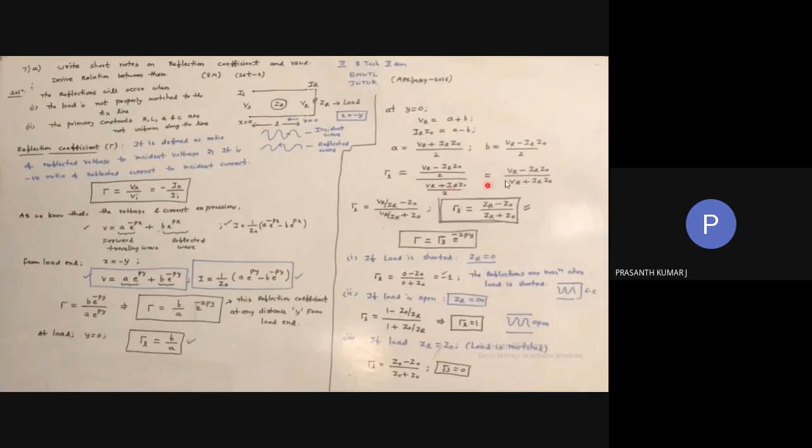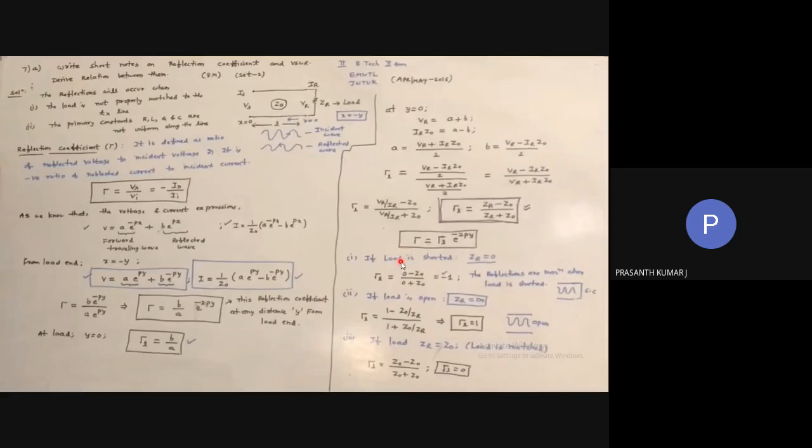Taking IR outside, VR by IR minus Z naught by VR by IR plus Z naught. VR by IR is nothing but ZR, so ZR minus Z naught by ZR plus Z naught. ZR and ZL are both the same, that is nothing but the impedance at the load. So like this, you can derive the expression for the reflection coefficient.